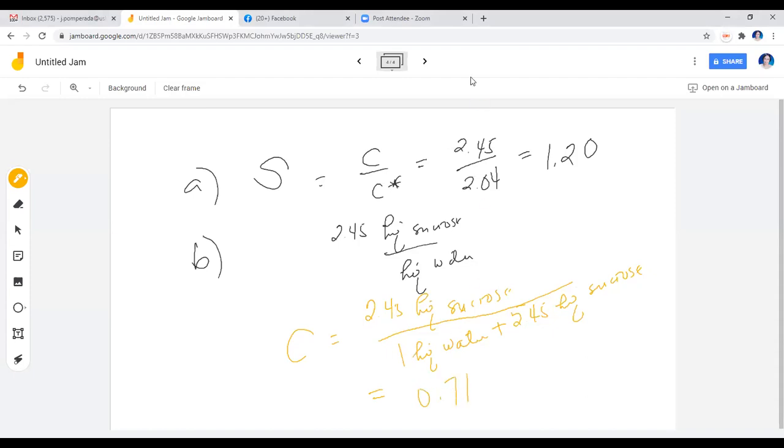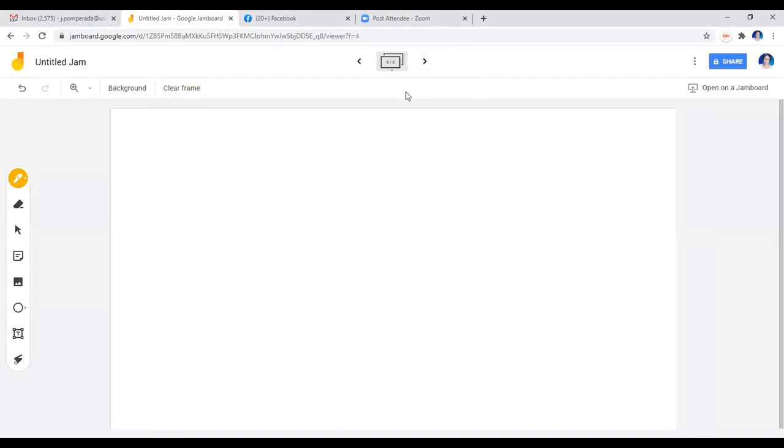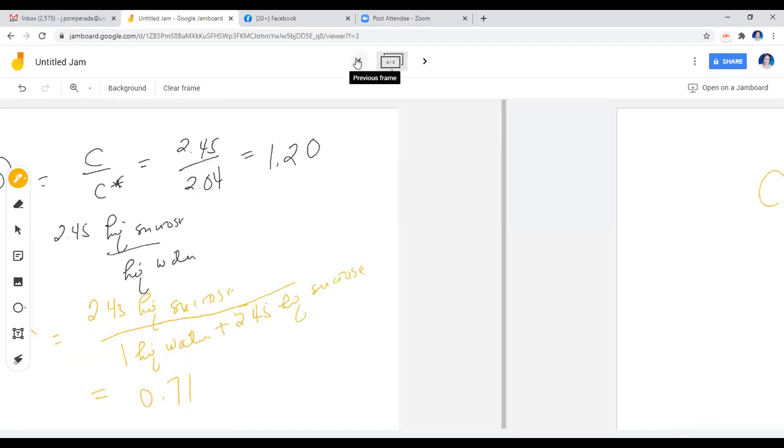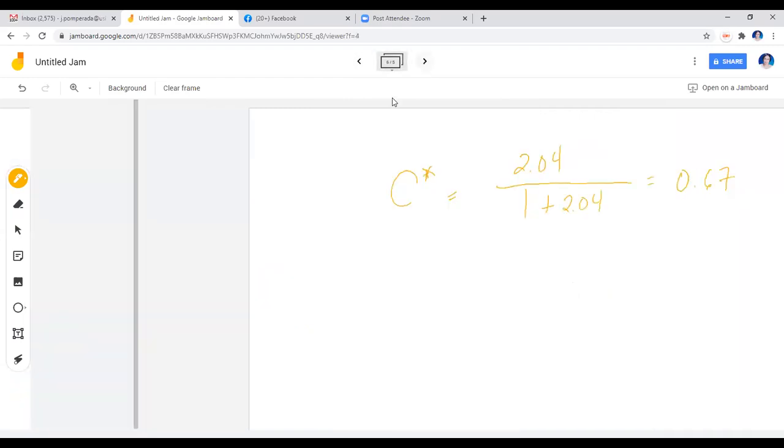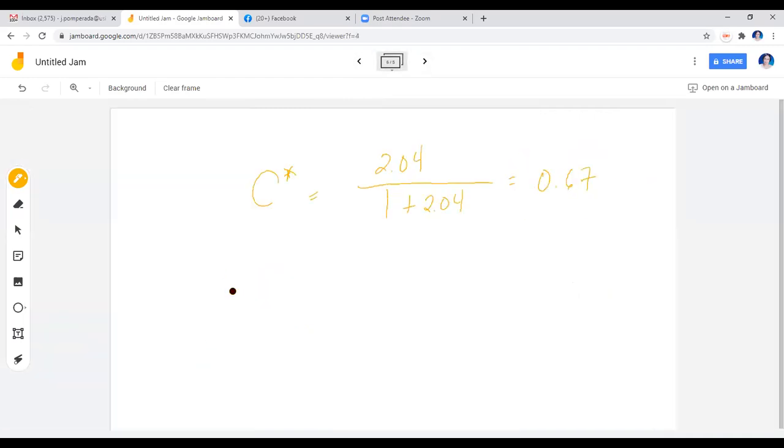Okay? Then you will do the same with your C asterisk. Your C asterisk would be 2.04. I will not place in the unit anymore, but divided by 1 plus 2.04. So in this case, you have 2.04 divided by 3.04. That would be 0.67. And now you have, in letter B, a supersaturation ratio which is now using a different unit for the C and the C asterisk.